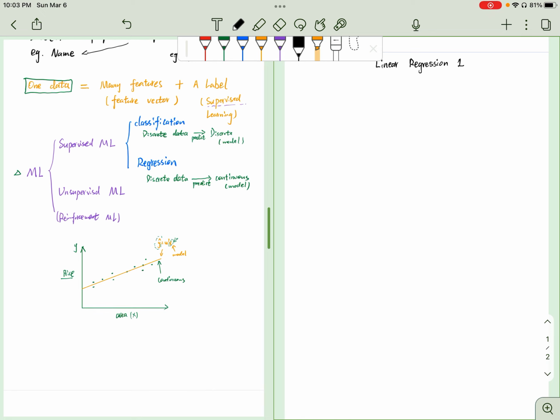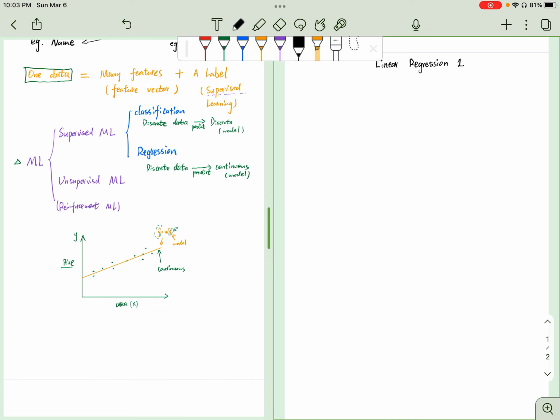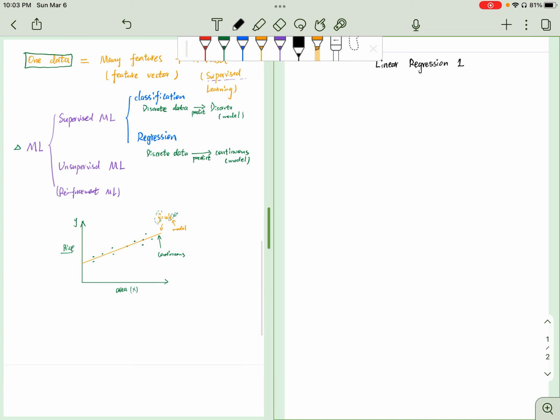So the last video was more of a brief introduction to what machine learning is, and at the end of the last video, I gave this very simple example. If we want to predict the price of a house based on the area of this house, we can use just this linear model. So this is a regression problem.